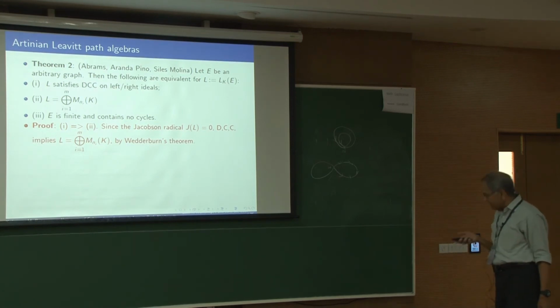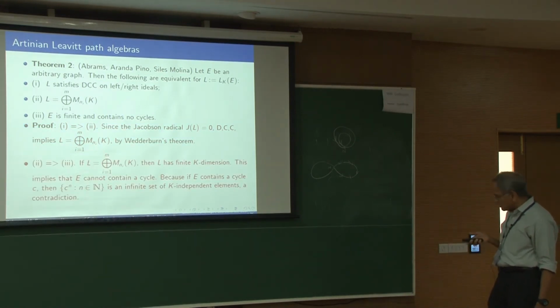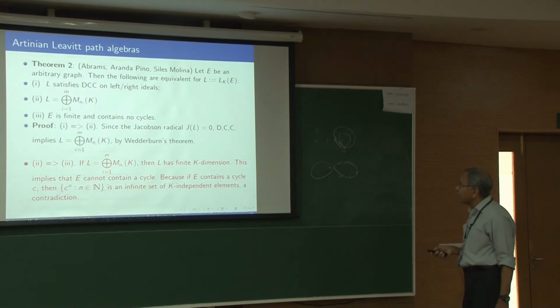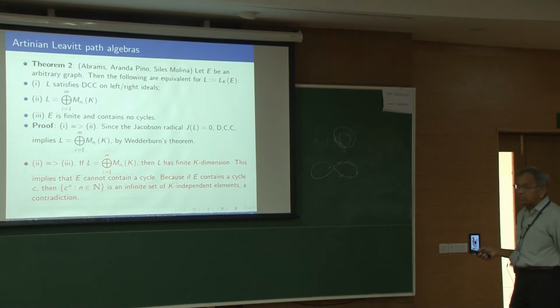So no Leavitt path algebra, no graph argument needed here. On the other hand, if it is a direct sum of finitely many matrix rings, it necessarily has a finite k dimension as a vector space over k.